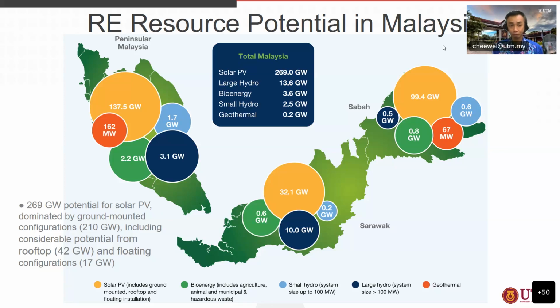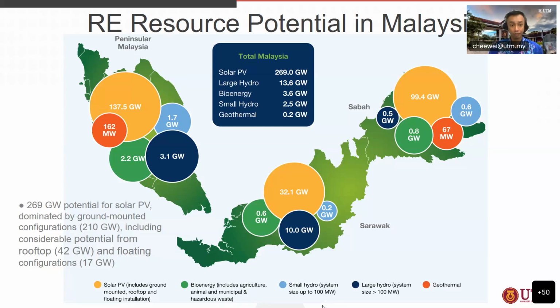What is the main input for PV? The solar radiation. Yes, we're talking about sunlight availability in Malaysia. So look at that. Which part of the peninsula is more potential for PV?